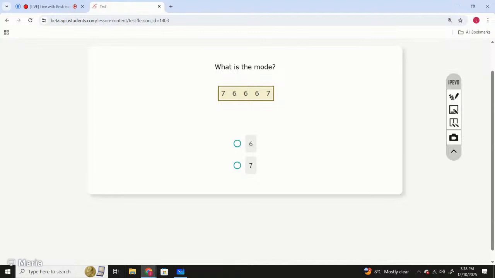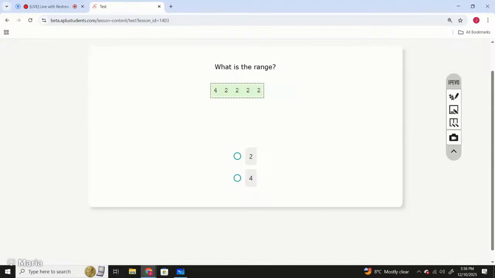What is the mode? Mode is the number that appears the most of the time. That is 6. Option number 1 is the correct option.